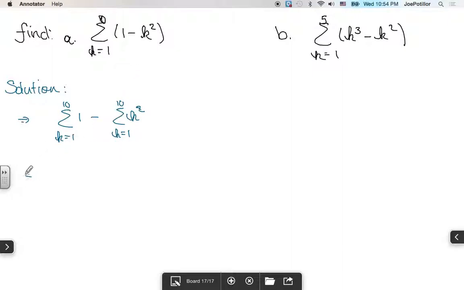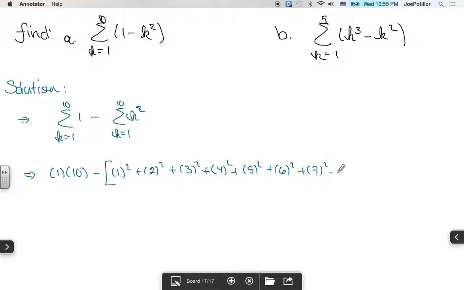So this is going to equal 1 times 10 minus parentheses 1 squared plus 2 squared plus 3 squared plus 4 squared plus 5 squared plus 6 squared plus 7 squared plus 8 squared plus 9 squared plus 10 squared.